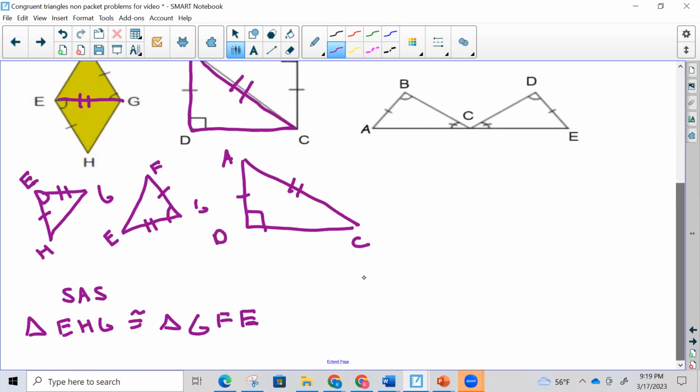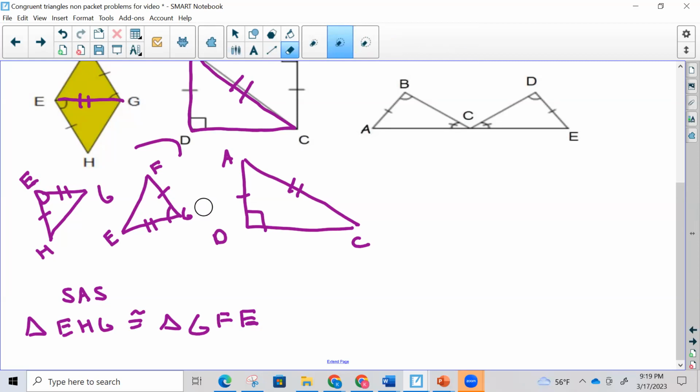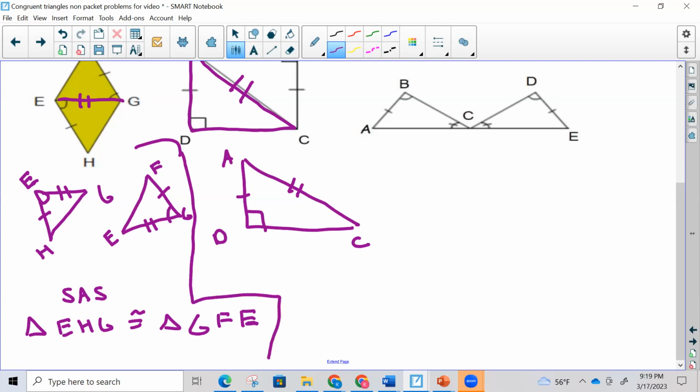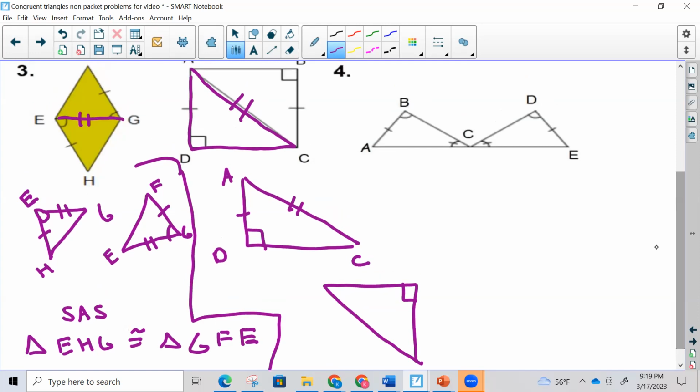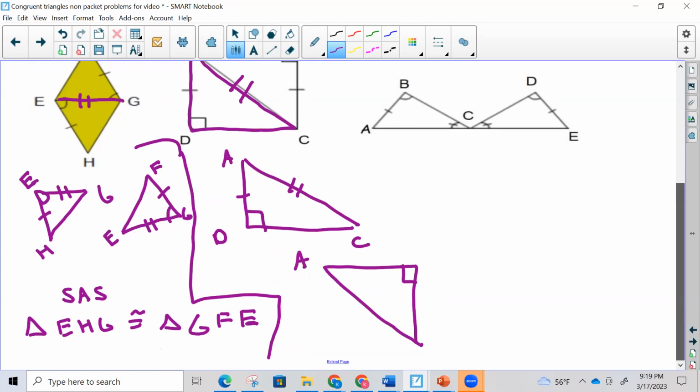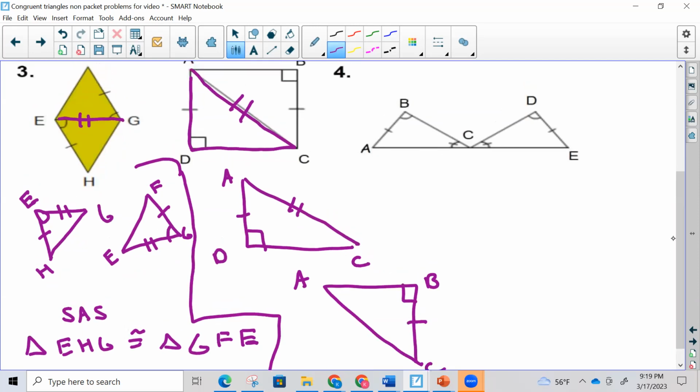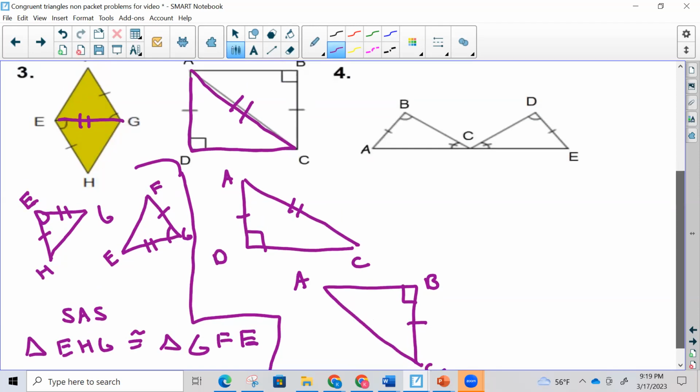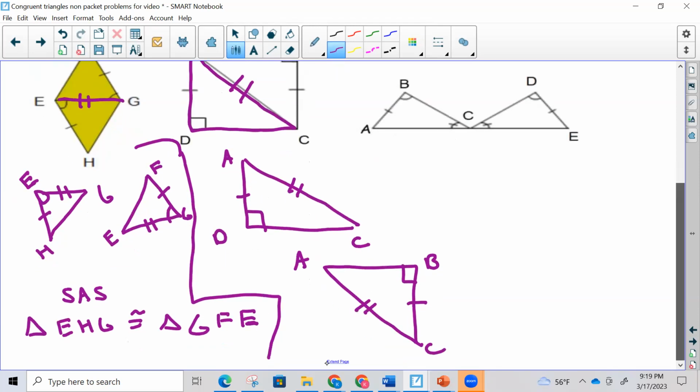And then I have that other triangle this way, A, B, C, and they have marked BC the right angle, and then again, AC is a shared side, so those are congruent.